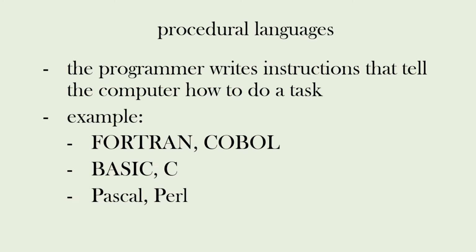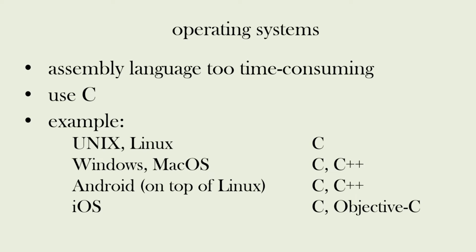So we can call this level of languages procedural languages. Now, assembly language can be used to write operating systems, but it is very time consuming. So people started to use the language C.